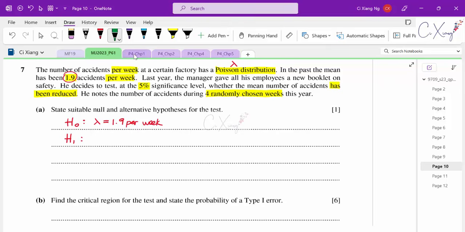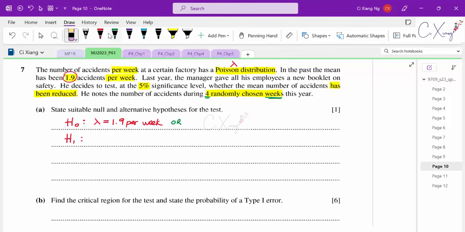Or another option is you can write out the mean for the duration or the sample that they use to carry out the test. So for this example, you can see that to carry out the test, they actually choose 4 randomly chosen weeks. So if you have 4 weeks, the mean will become 1.9 multiplied by 4.